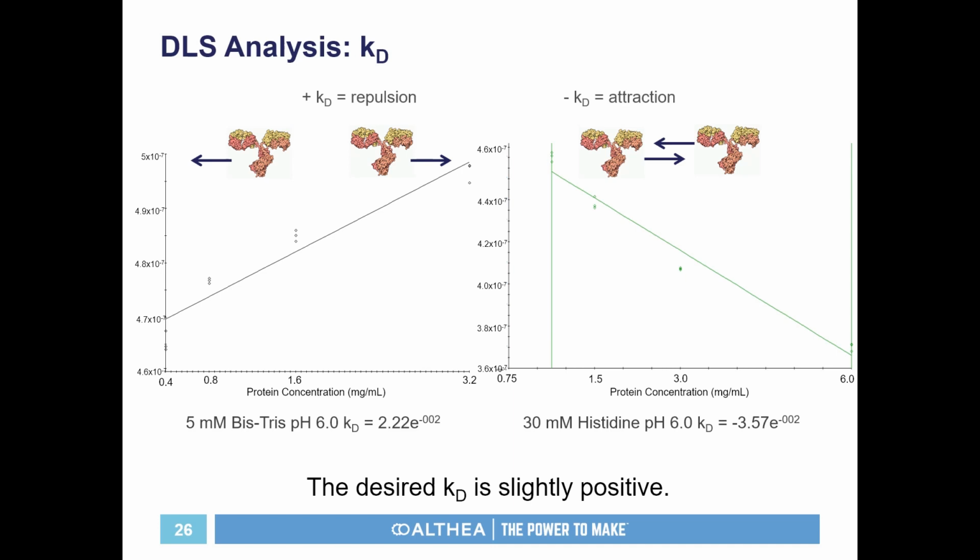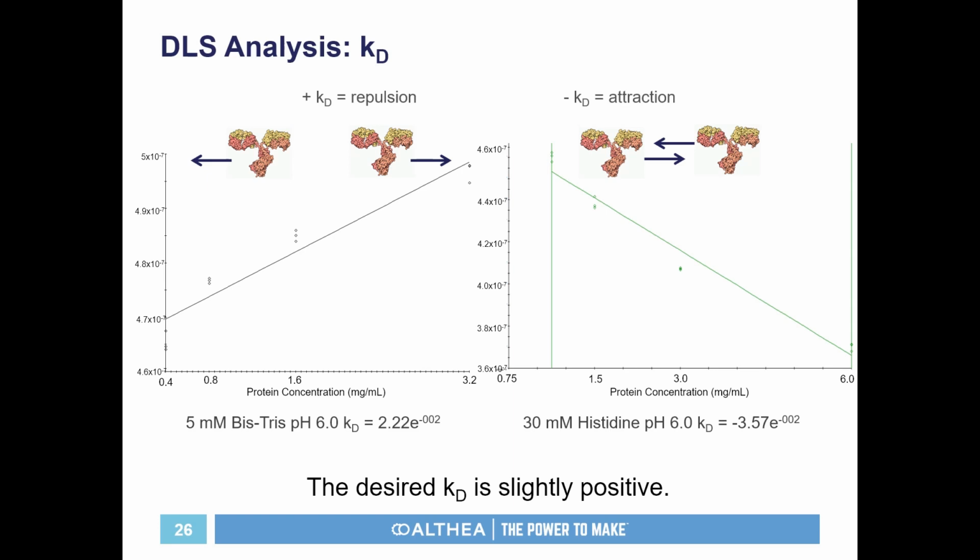So again, these are results where we looked at the same antibody. The first sample was in 5 millimolar Bis-Tris, pH 6. You can see it has a positive KD, indicating the molecules were not attracted to each other. The same antibody, when placed in a 30 millimolar histidine buffer at pH 6, gave a negative attraction, so those particles would tend to aggregate and come together.